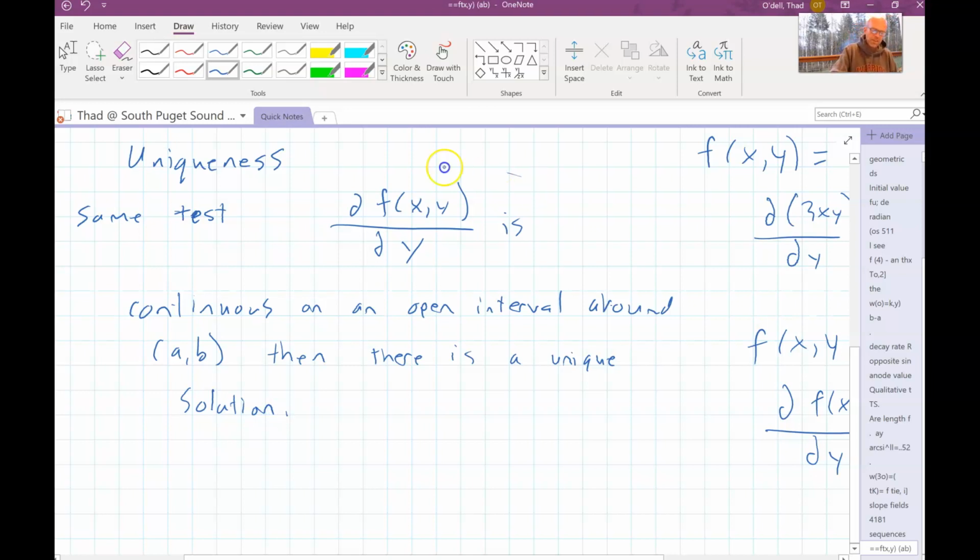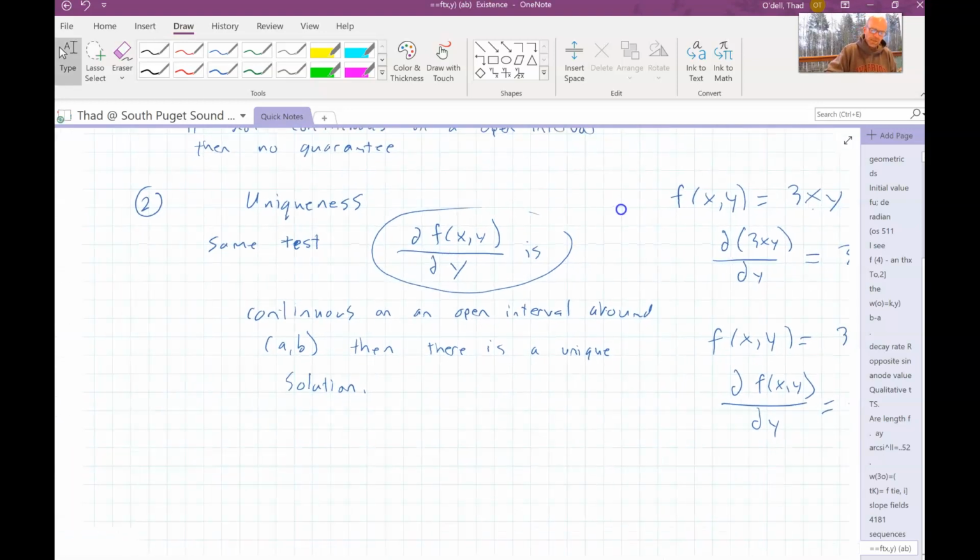So if this expression, after we've taken the partial derivative, is continuous on an open interval around the point we're checking, then there is a unique solution. That's the test.